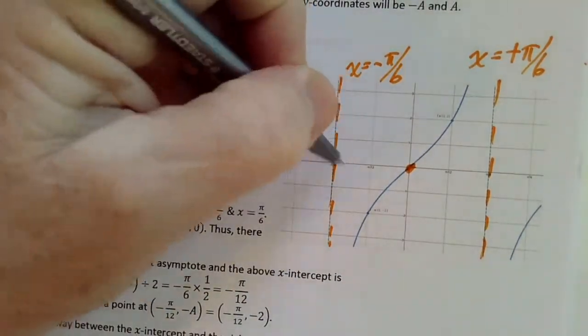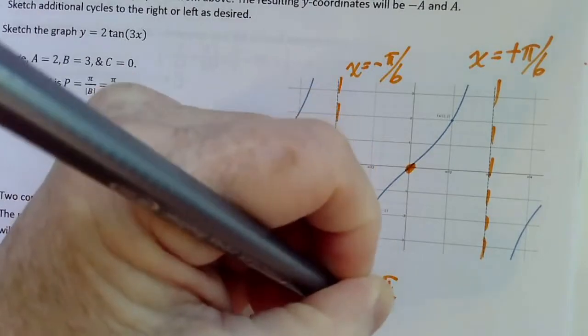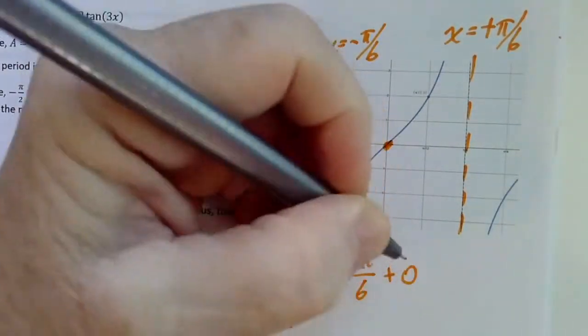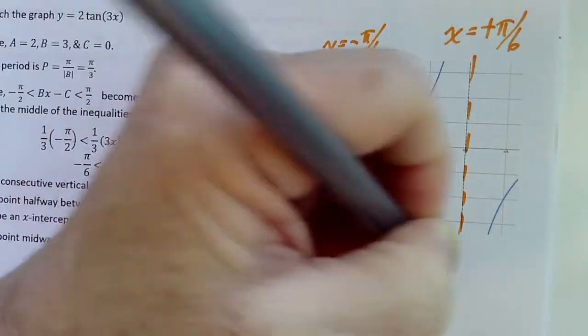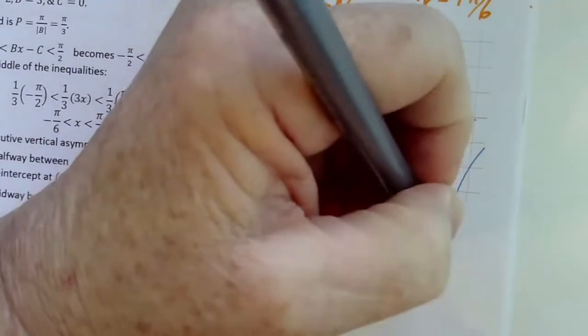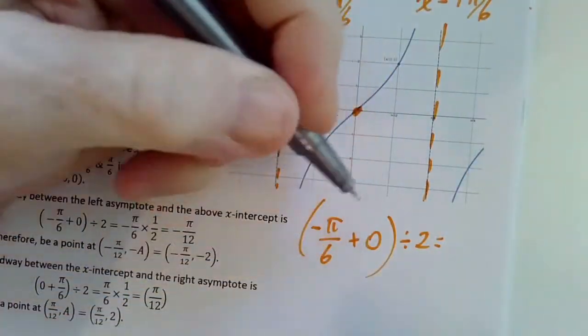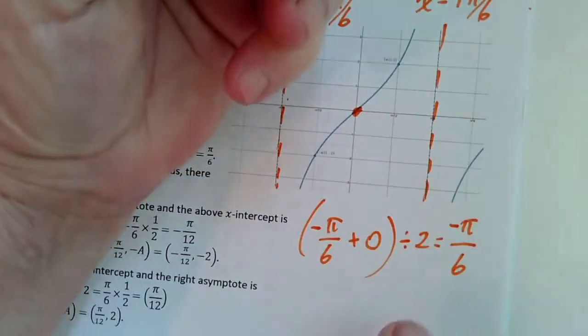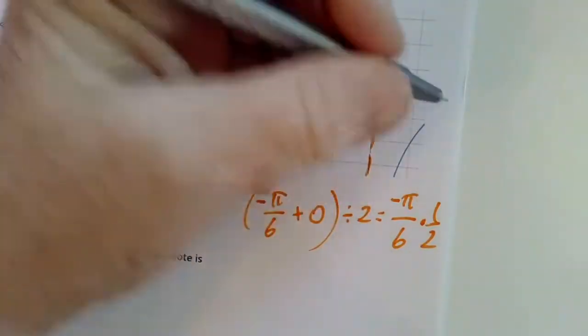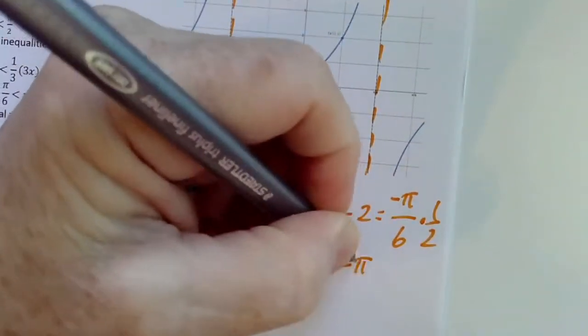So I'm going to take negative pi/6, add 0, and divide by 2. Dividing by 2 is exactly the same as multiplying by 1/2. And now it's easier. I get negative pi/12.